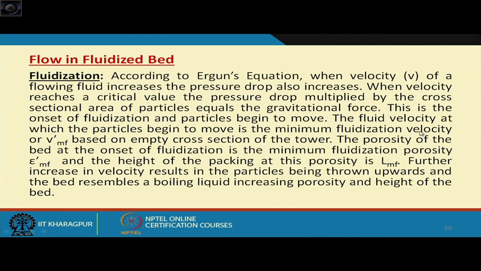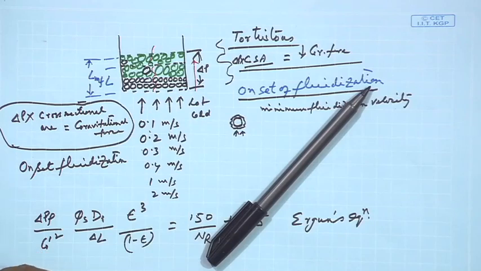So, that is what I said earlier when giving the example, that when you are having 0.1, 0.2, 0.3, 0.4, likewise you are increasing your velocity.